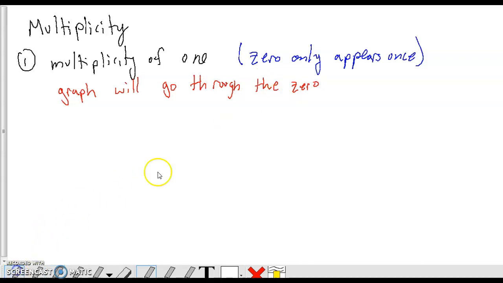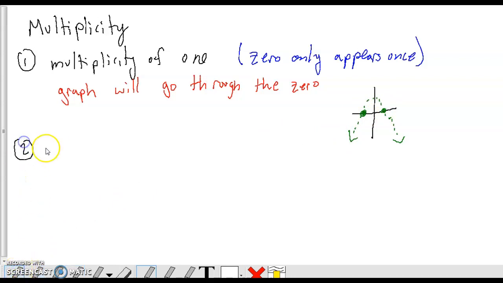So as an example, with a multiplicity of 1, your graph's going to go through something like this. We only see that 0 appearing once.